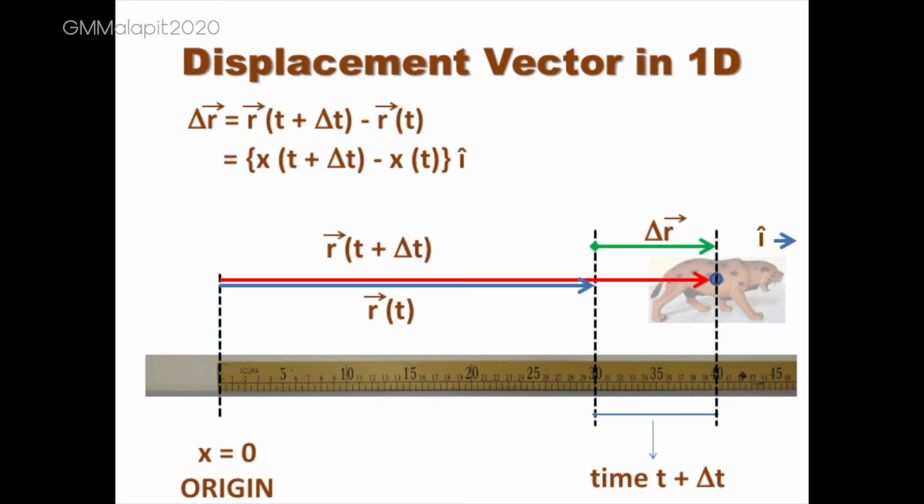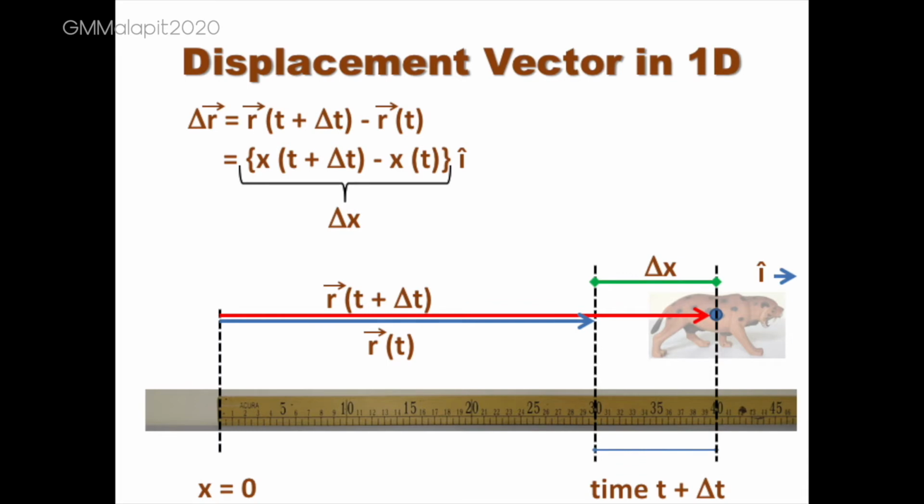To simplify further, delta r is equal to delta x i hat, where delta x is the distance covered after time t plus delta t, which is the component of the displacement vector.